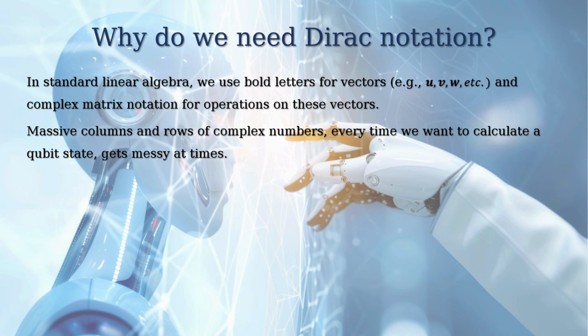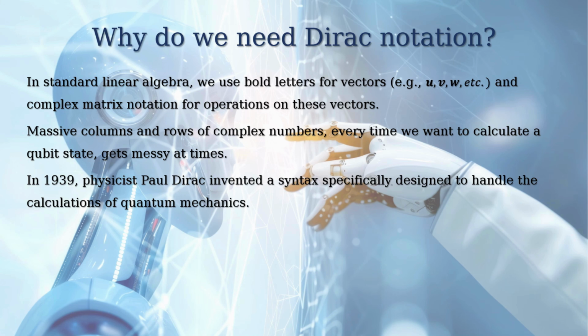Massive columns and rows of complex numbers every time we want to calculate a qubit state gets messy at times. In 1939, physicist Paul Dirac invented a syntax specifically designed to handle the calculations of quantum mechanics. It is called bracket notation.